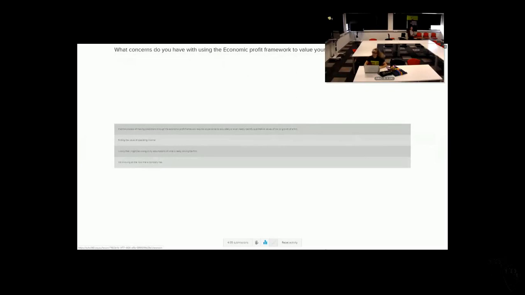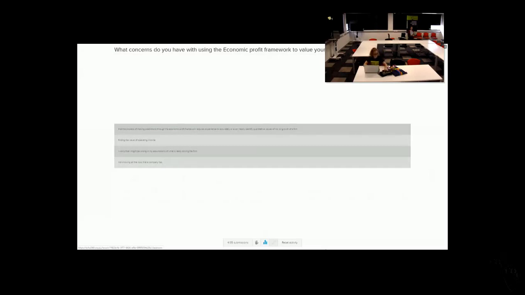Okay, so I've got 4 on my set of slides here. It says, not knowing all the risks that a company has. That the process of making predictions through the economic profit framework requires experience to accurately, or even nearly, identify quantitative values of risk or growth of a firm.